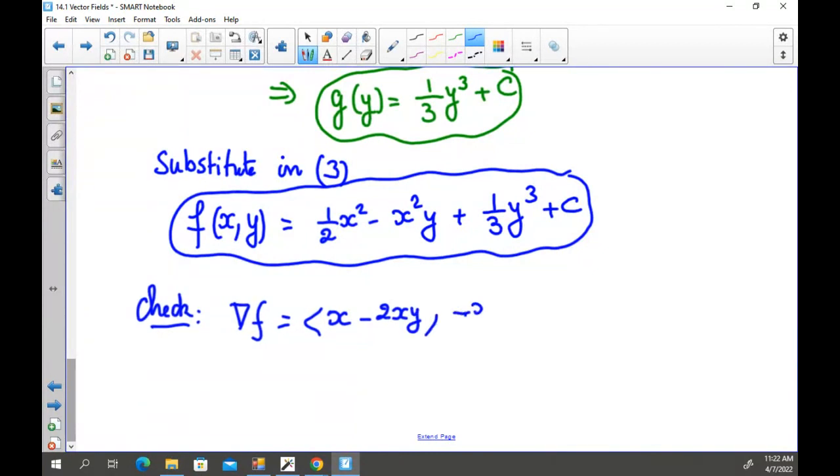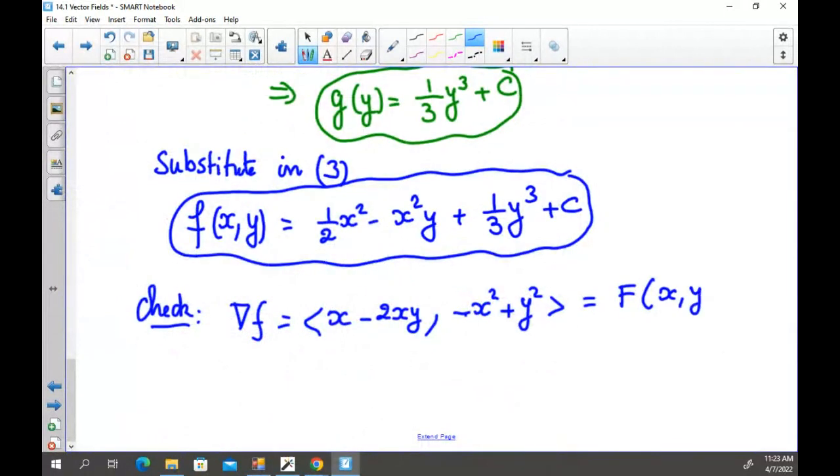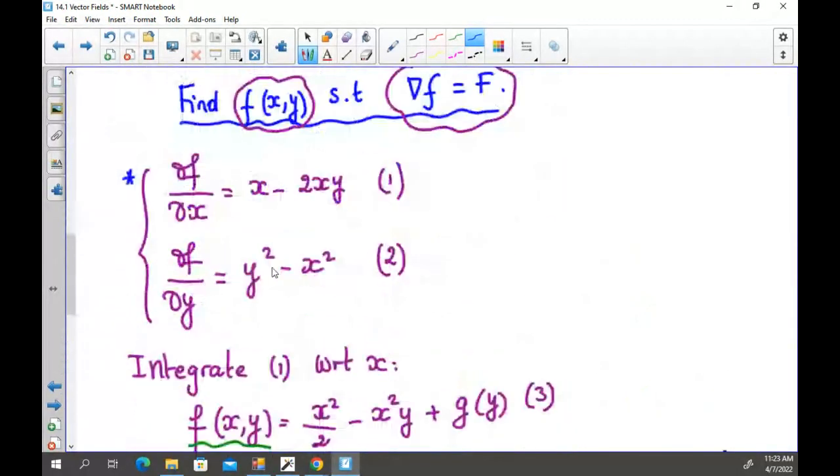The derivative with respect to y, minus x squared plus y squared, which is exactly equal to the function we were given at the beginning. So that is the way we solve this 33.